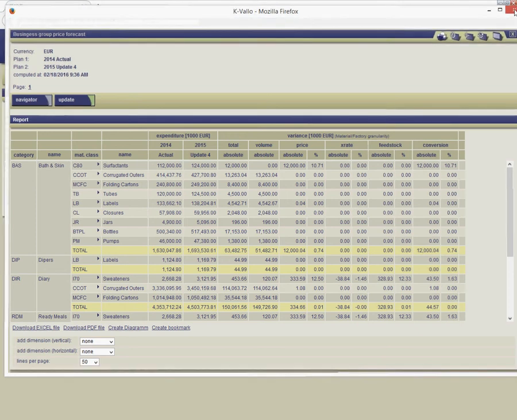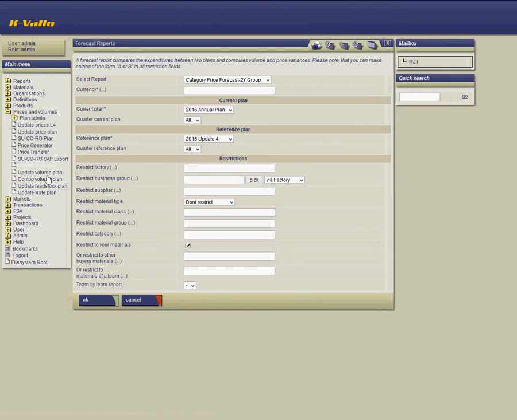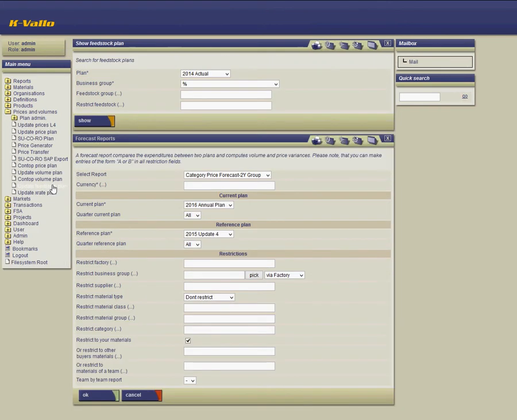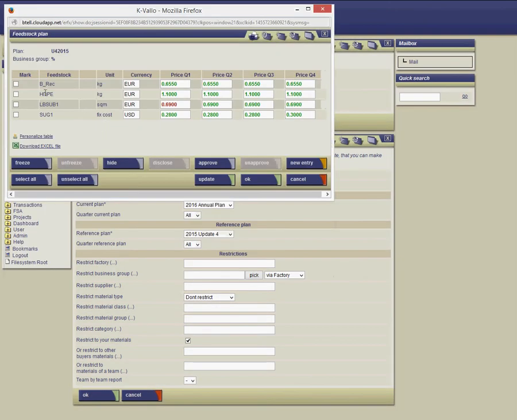Next point. We're looking now at bottles, and for bottles we would like to change the feedstock. Bottles have polymers, and we're looking at the feedstock plan for 2015, and we see here HDPE, which is at €1 per kilogram.